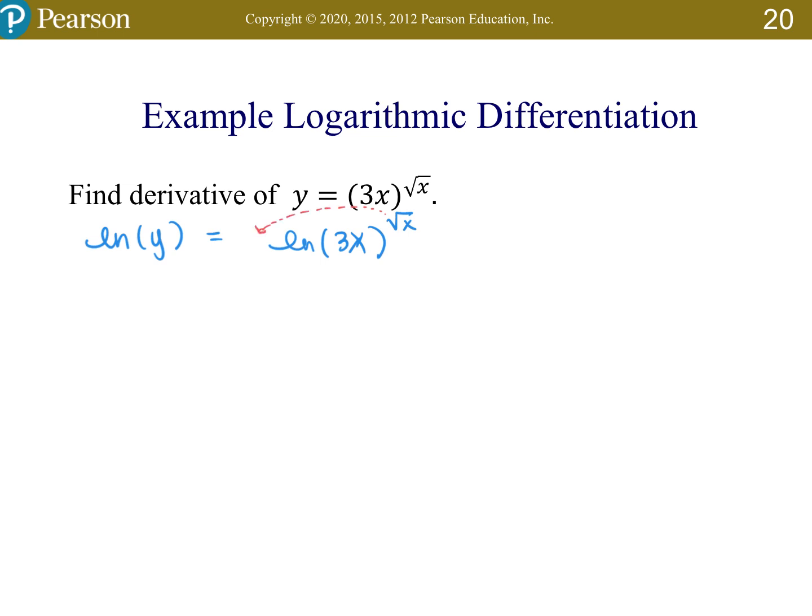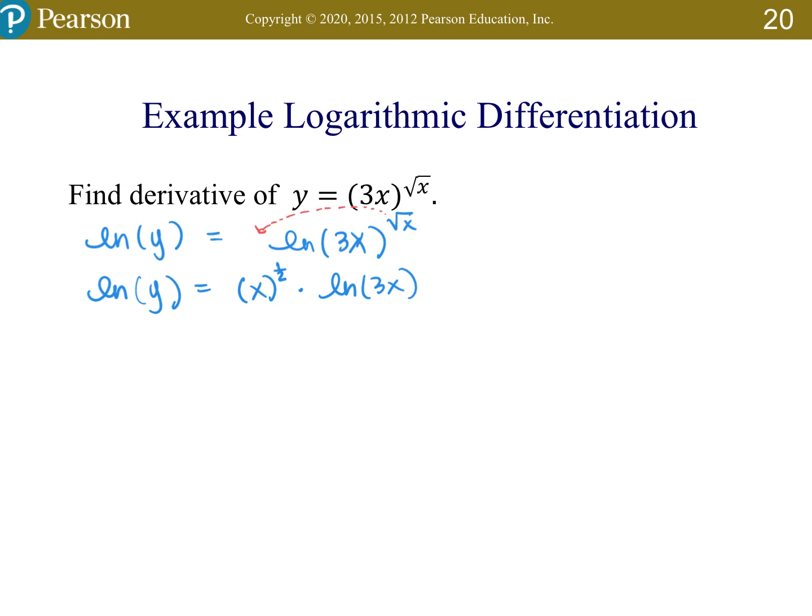So we'll have ln y equals the square root of x times the natural log of 3x. You might want to pre-write it as x to the half, just for your own personal benefit for when you're ready to do the derivative rules.